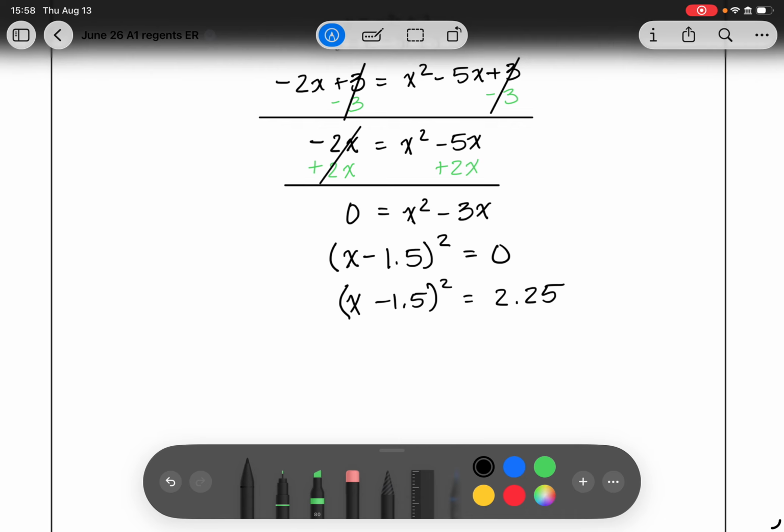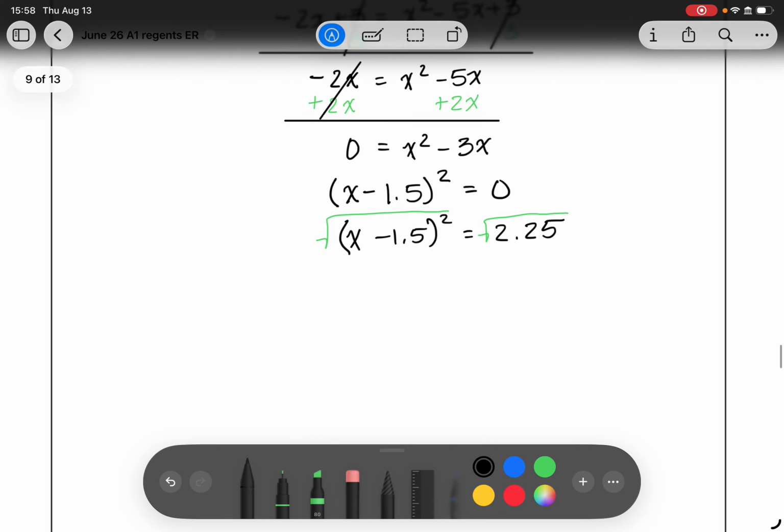Because we have this equation now where one side doesn't equal 0, we want to be able to get x by itself. In order to do so, we have to undo that square that we have on the left side. In order to undo the square, we're going to do the square root, because that is the inverse, and whatever we do to one side, we do to the other just to keep them equivalent and balanced, which means now we have x minus 1.5 equals square root of 2.25.